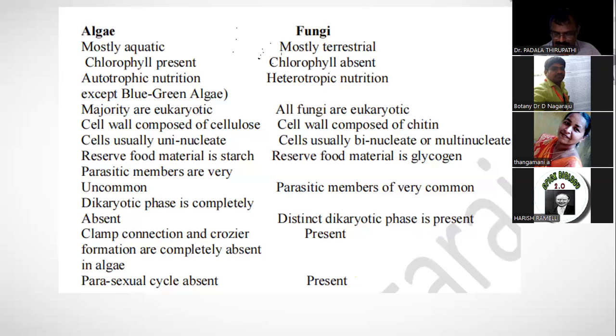It forms an outer ring road, a bypass. That is a clamp connection. With that, dikaryotization will take place. One nucleus moves from the adjacent cell to the other cell. The dikaryotic two-nucleus stage happens because of clamp connections.